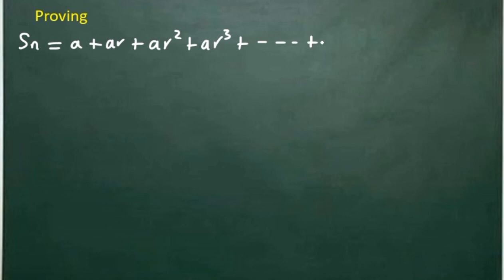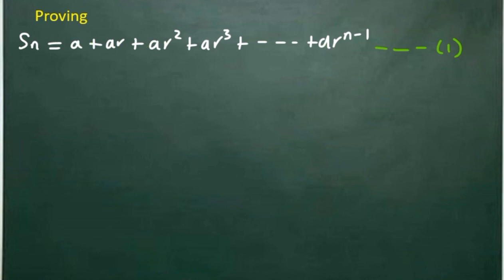Now we know that the sum of a geometric series is given by the expression a plus ar plus ar squared plus ar cubed, and this continues, plus ar to the n minus 1. Let's call this equation 1. Now a represents the first term, r is the common ratio.